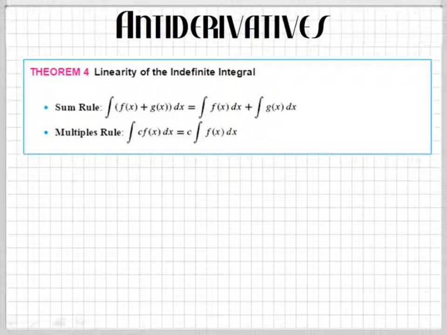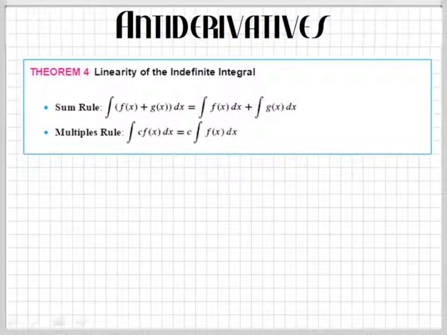All right, really quickly, this rule is one that I was using. If you have addition inside of your integral, you can split it up like this. I normally don't split it up, I just integrate each of them. This is just a formal way to write it. If you have a constant that you can factor out, you can put it out in front. And actually that'll make some of your integration jobs look a little easier.